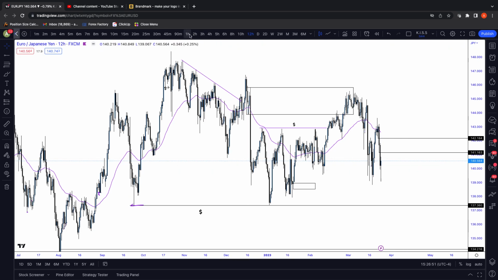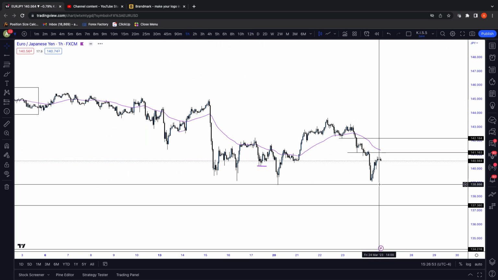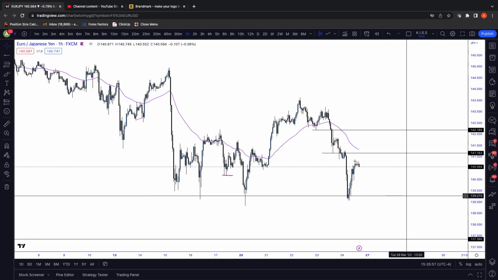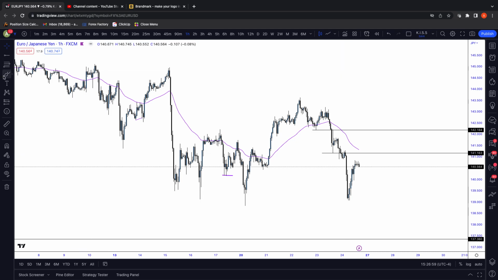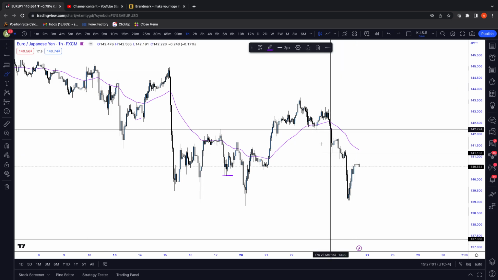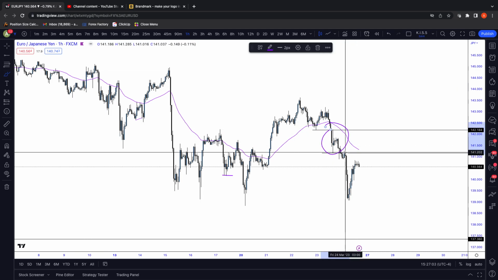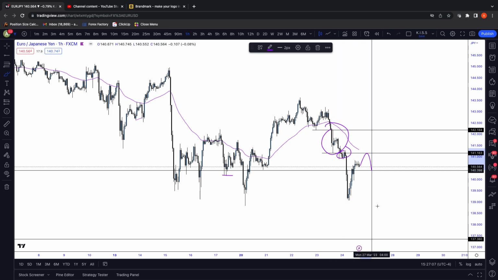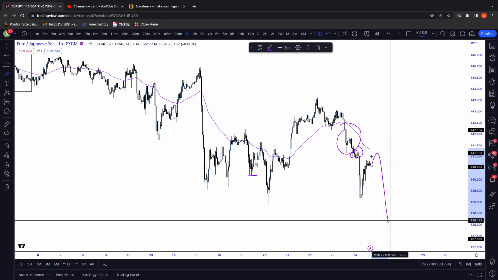With that, I do think we can look to sell retracements higher. Here's your manipulative candle, a bit of supply here as well. We certainly could just open up and then continue to spill over on Euro JPY.